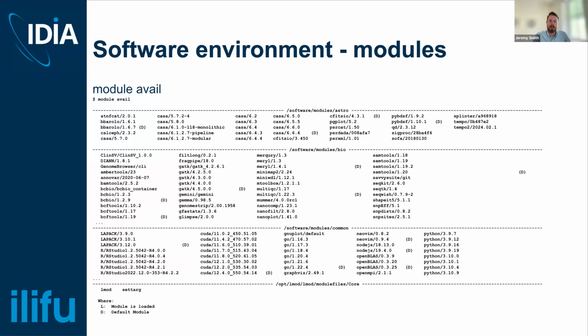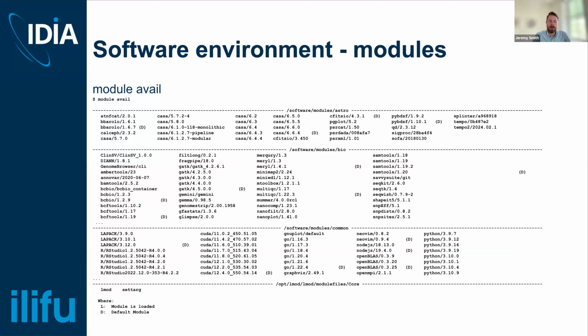So in addition to the Singularity containers, we also provide modules. These are software packages that you can load into your environment, for example, when submitting a job. So rather than running software using containers, you can load a module into your environment and use that software as part of your job. Most of the modules are common programming languages such as Python, R, Julia.